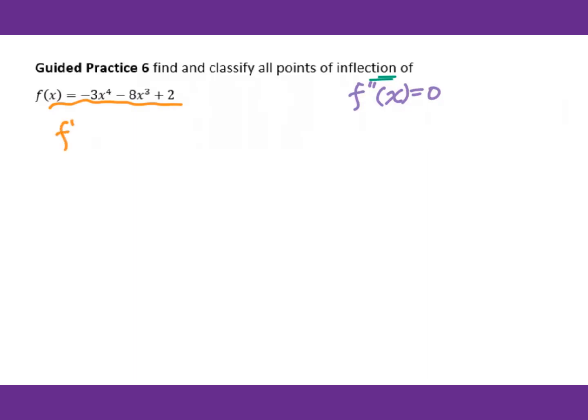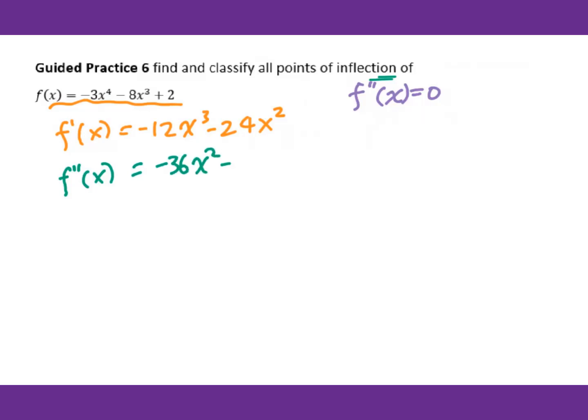First of all, we get the first derivative equals negative 12x to the third power minus 24x squared. Then the second derivative equals negative 36x squared minus 48x. Then we set this equal to 0.